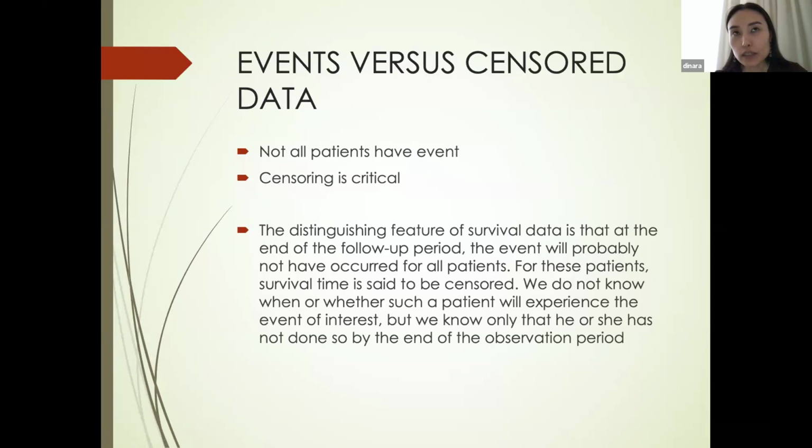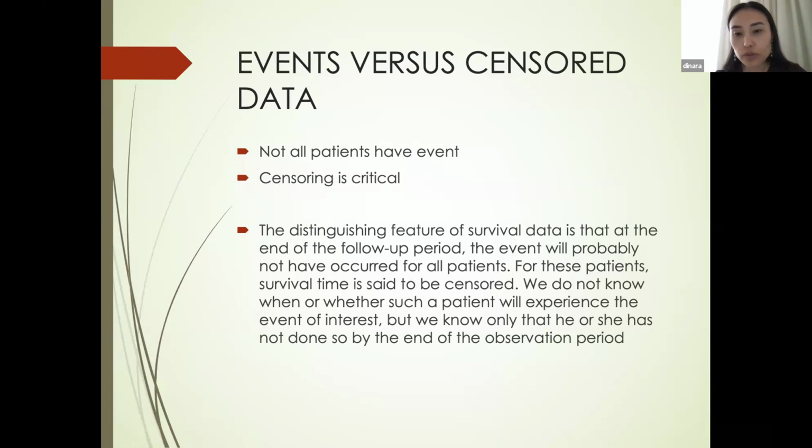But we need to understand that during the observation period, not all patients will experience the event. So some patients will not experience the event during the observation period, and this is called censoring. So this is one of the important points to understand.